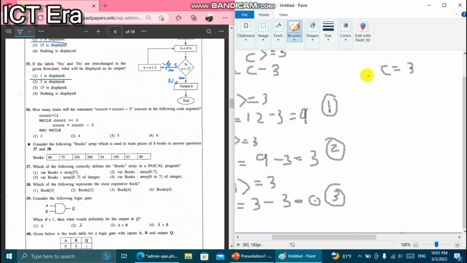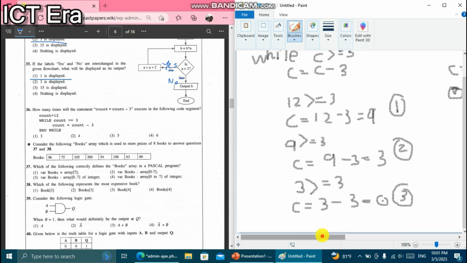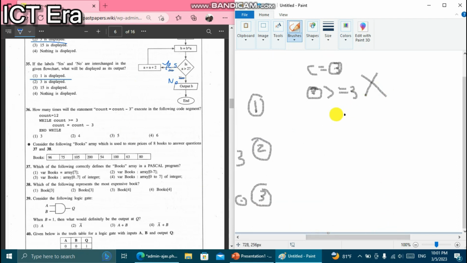Now C equals 0. New count is 3. Then new count is 0. Is 0 greater than or equal to 3? No. So this condition is not correct. Therefore, what happens? The pseudocode will be stopped at the fourth time.